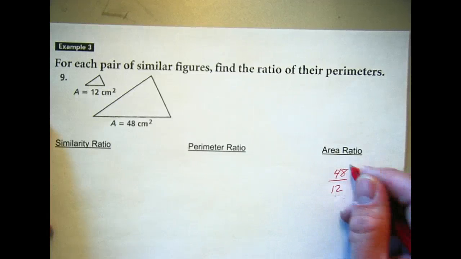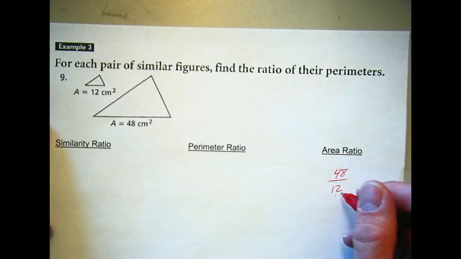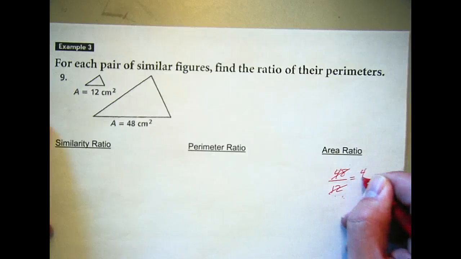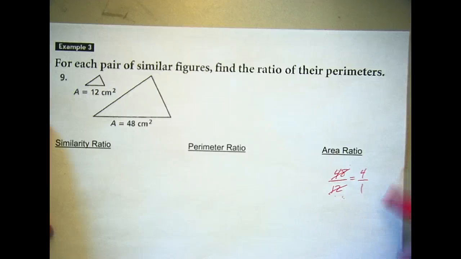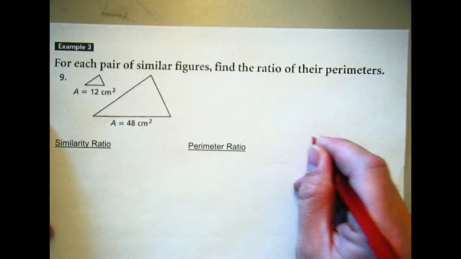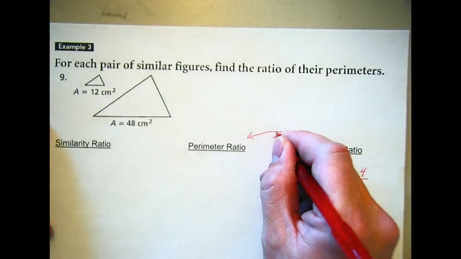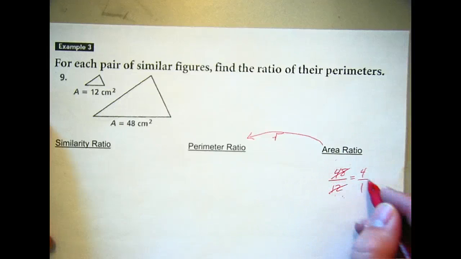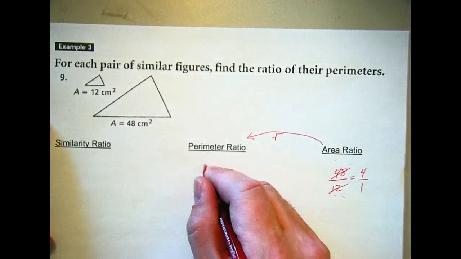Can we simplify 48 twelfths? Yes. What's it become? 4 over 1. So taking the root of this is a lot easier now, right? If we're going this way, we're taking the root. If we're going this way, we're squaring. Okay, so from here to here, the root of 4 is?